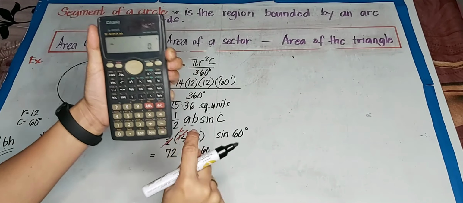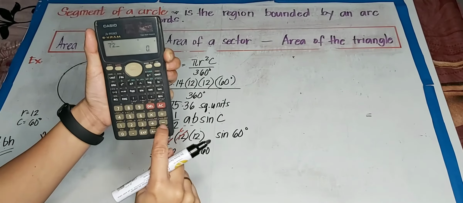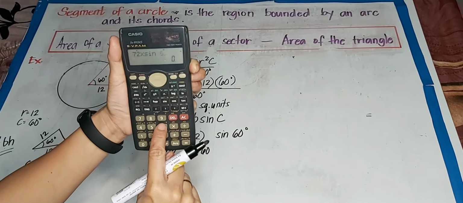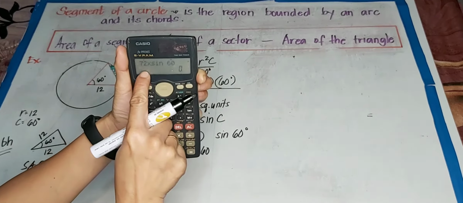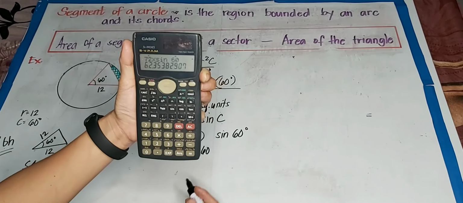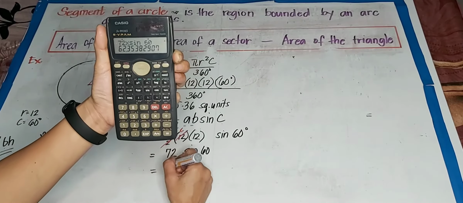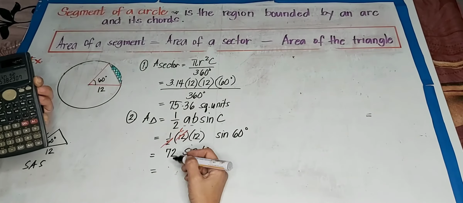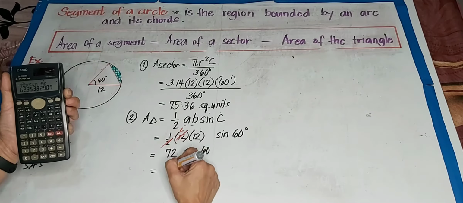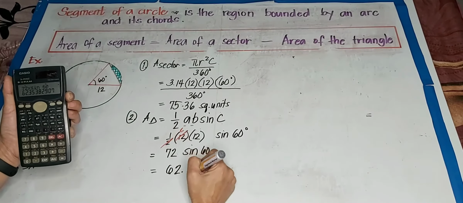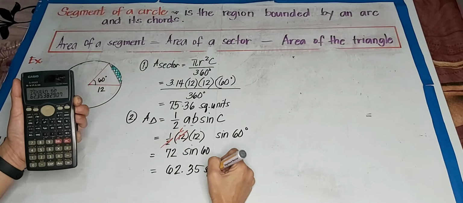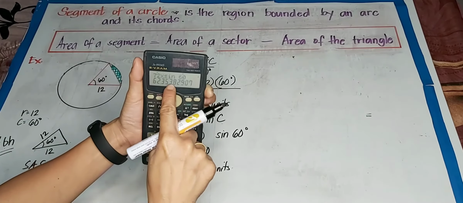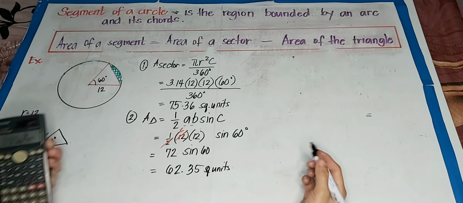Okay, pero ang gawin natin diretso na 72 times sine 60 equals, there you have it, 62.35 square units. Nag-round off tayo into 2 decimal places.